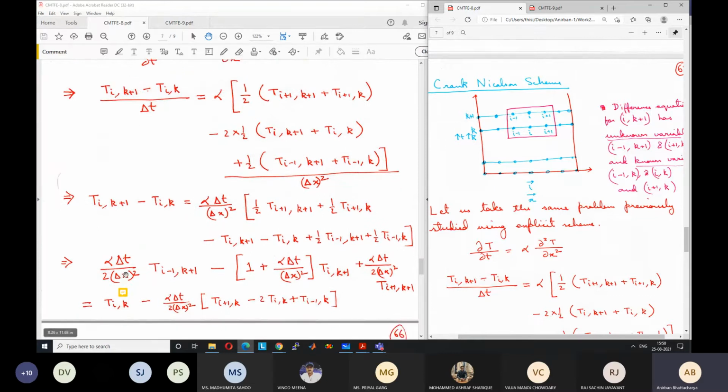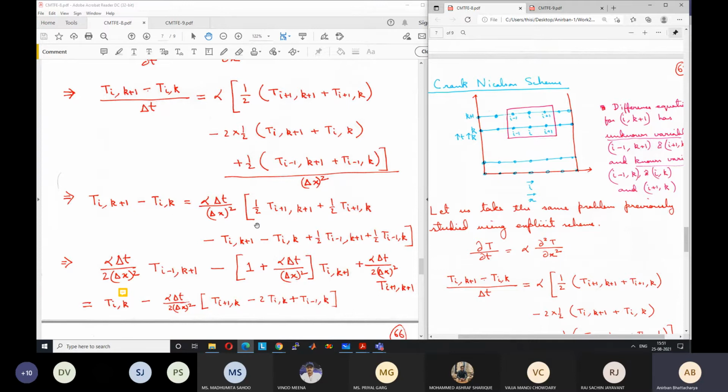This one, Ti minus 1 k plus 1, comes from this term. Then plus this third term, alpha delta t by 2 delta x square, Ti plus 1 k plus 1.